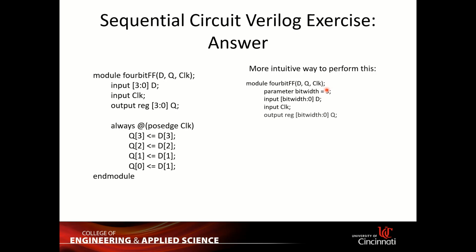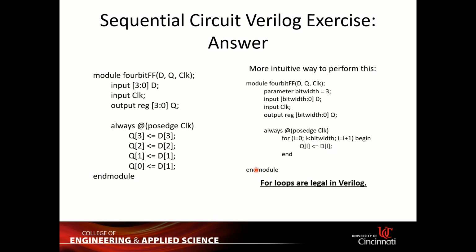So I can now create my input and output, which are the same: 4-bit D, 4-bit Q. Then I scan for the clock edge and run the index from 0 to 3. I just put the i in Q[i] and D[i] to shift it, and end the module. So a for loop is also a legal thing in Verilog, so we can make use of it.